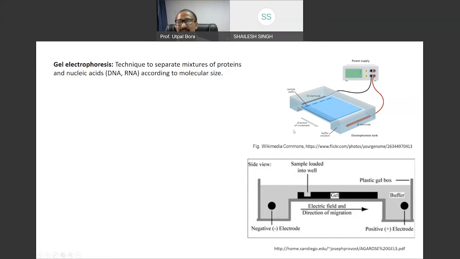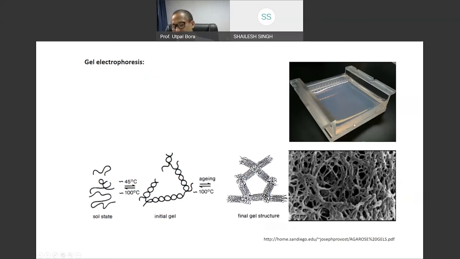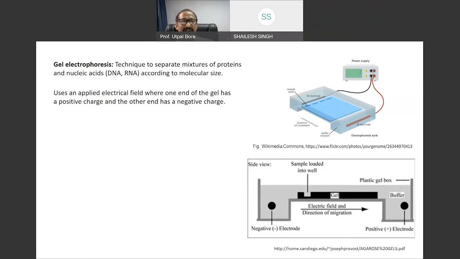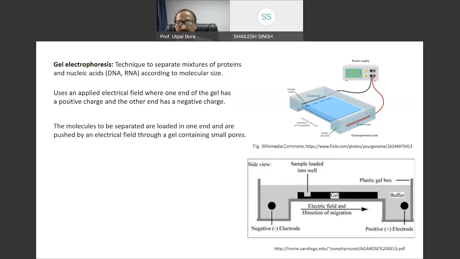You have this gel which you prepared in the first stage, and then you put it in a tank, and in the picture below you can see you load a buffer with a particular pH, and you have a sample well. Now you add the samples and then you apply the electric field, and this electric field will drive the protein or the DNA molecule across this gel, thereby separating them.